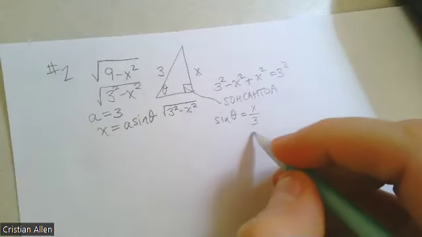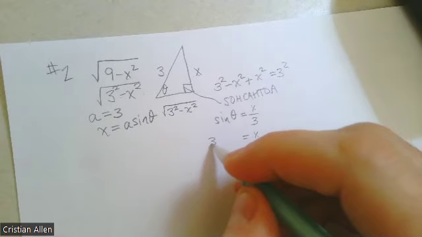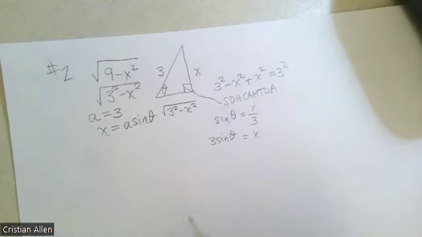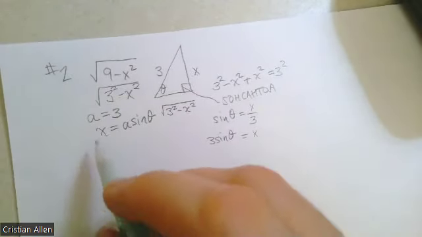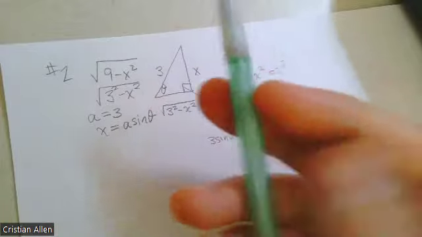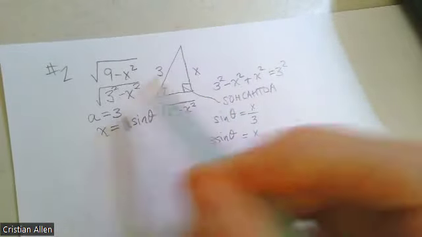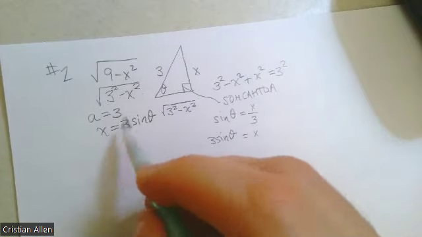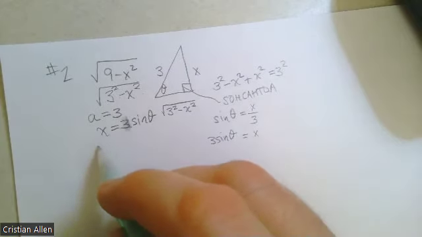And so that's going to let you know right there that x is equal to 3 sine theta. So we go ahead and write that down. It's all part of the preparation for a trig substitution.